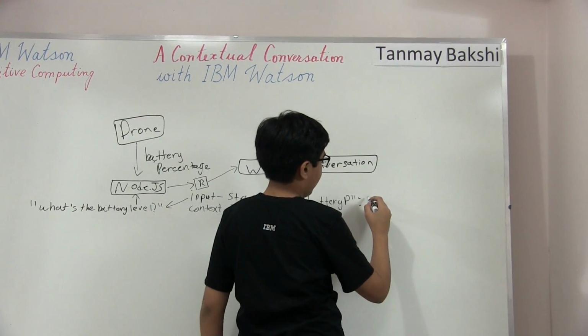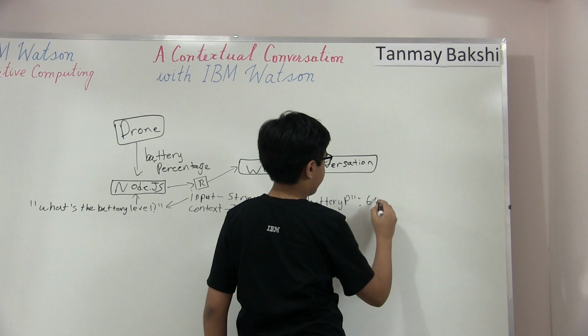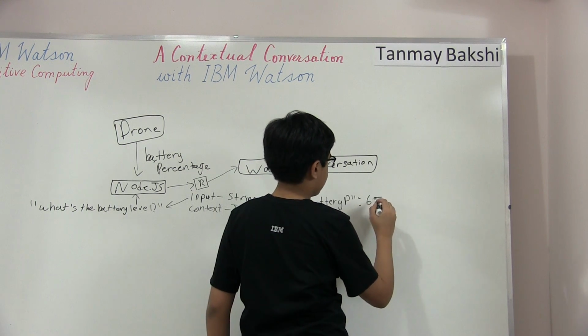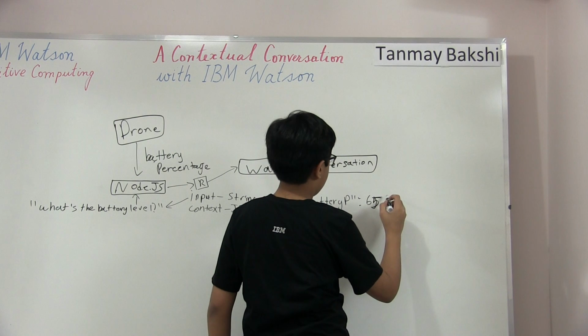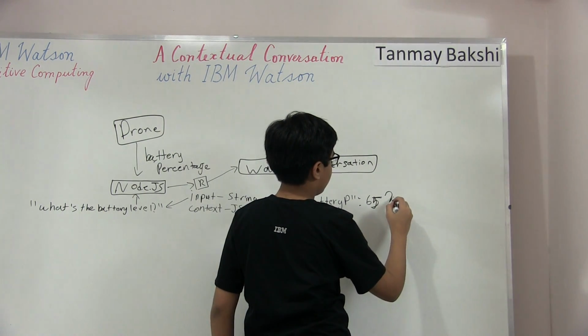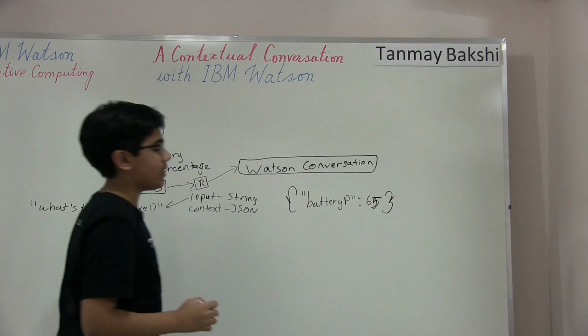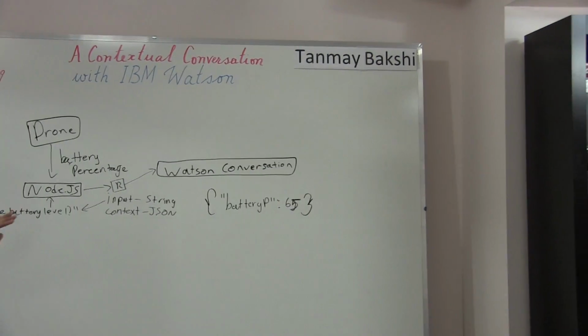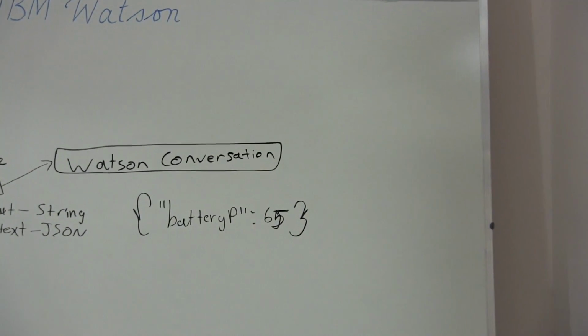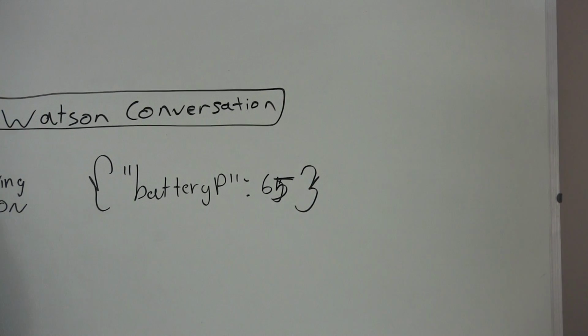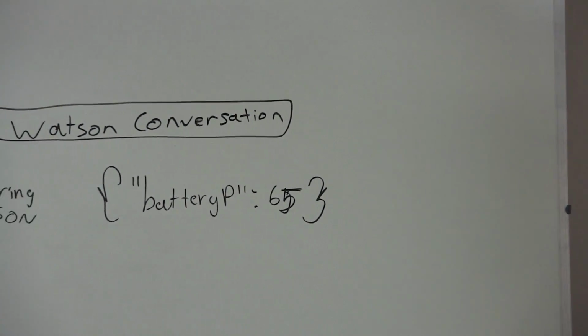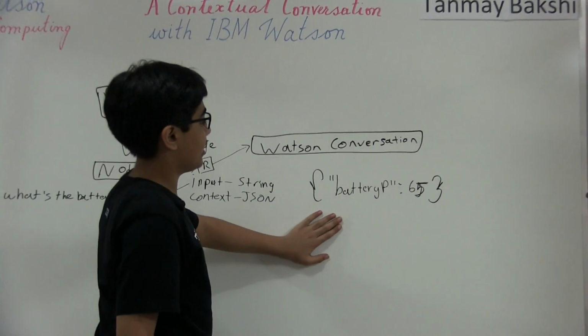For example, 65 for 65%, we're just going to say 65, and then we're going to close our curly brace. And this is essentially our JSON value. We've got our battery P at 65. And so this is the context that's being sent to IBM Watson conversation.